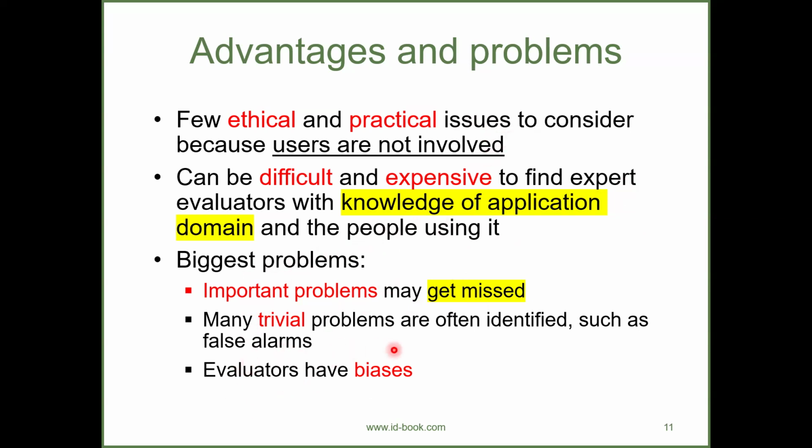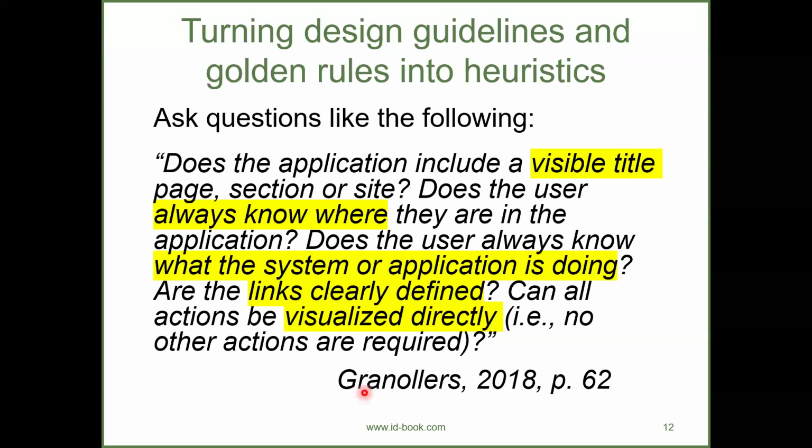Many small problems are often identified, such as false alarms and many trivial problems. Big problems are also identified. Evaluators might have biases, meaning their own favorite things, by which they can overlook, or under or overrate a particular feature of the app.